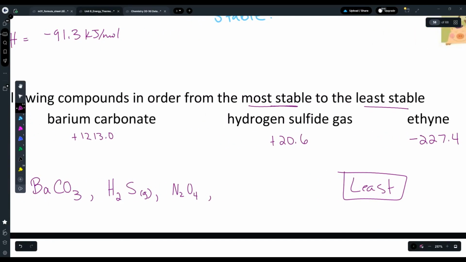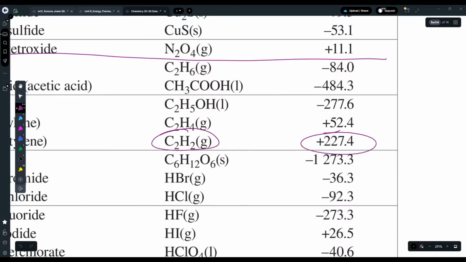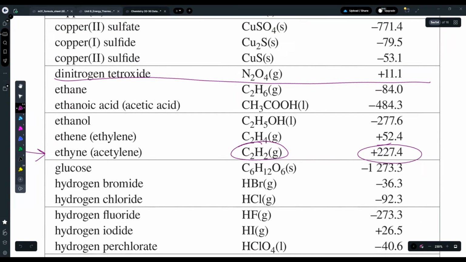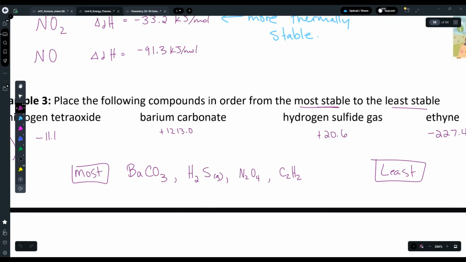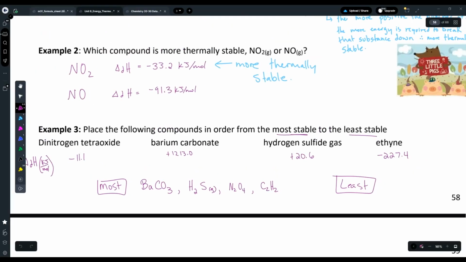And then we have ethyne, which is the same as acetylene, which is C2H2. So again, if I looked that up, there's where the formula is for acetylene or ethyne. Okay. So I was going to move over that least just to cozy it up to ethyne, but this will be fine.